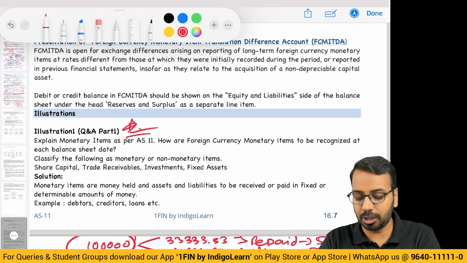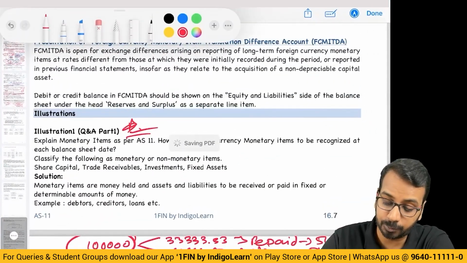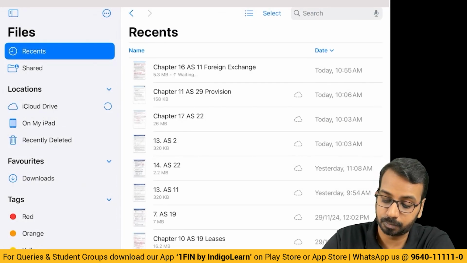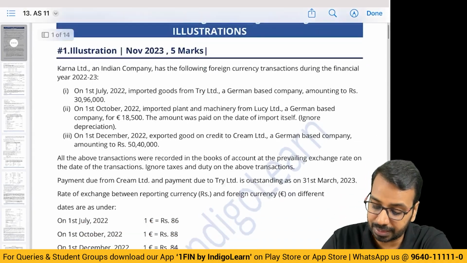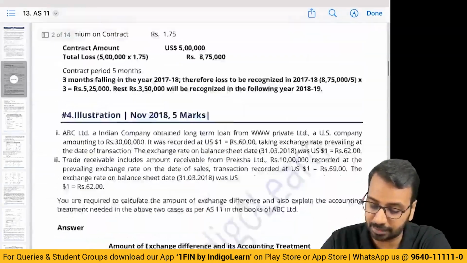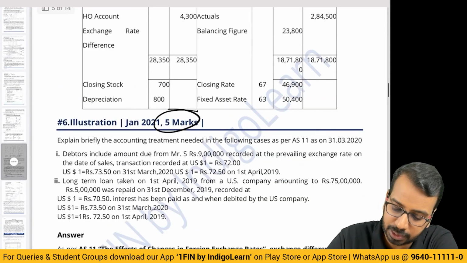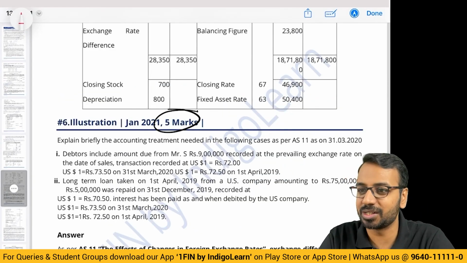I'll do one more question, that is from the compiler. Very nice question. The thing there is, if at all such kind of question comes in the examination, you should be able to do it. See, it has been asked for 5 marks, a slightly long question as far as 5 marks is concerned.